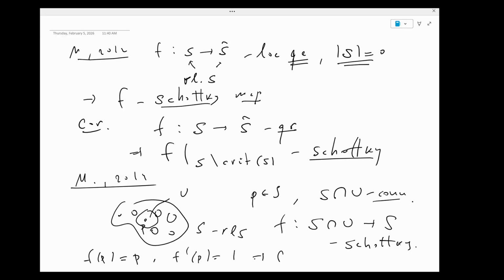Then f is the identity on S intersect U. So it has more rigidity than conformal maps do. You can certainly have locally defined conformal maps with these properties that are not the identity, but for Schottky maps, they would be the identity. It's a simple proof, but I don't have time to outline it.